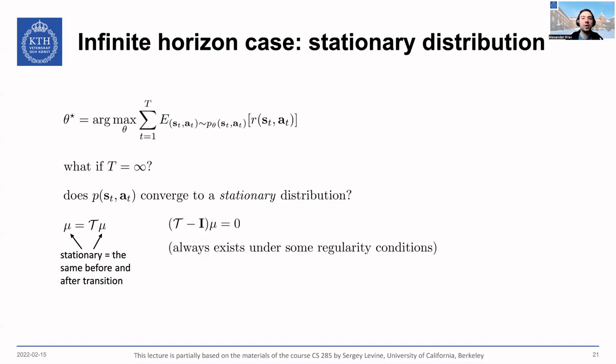So we always get some stationary distribution given that this T tensor satisfies the regularity conditions. And given the stationary distribution, we can work with that, because then we can just exclude the T term here and work with that distribution.